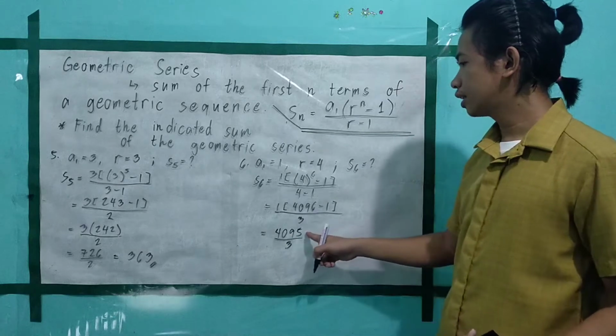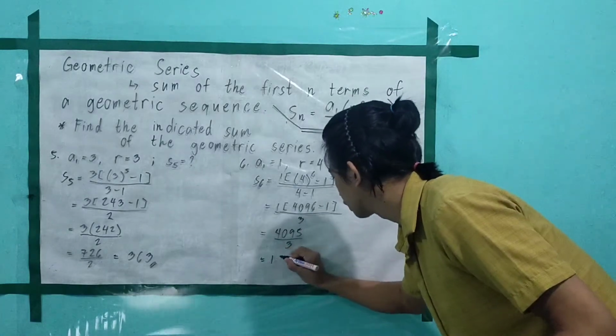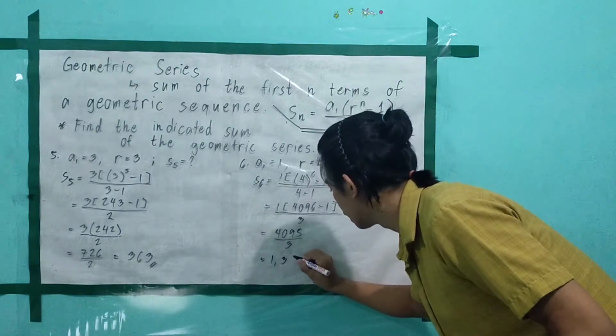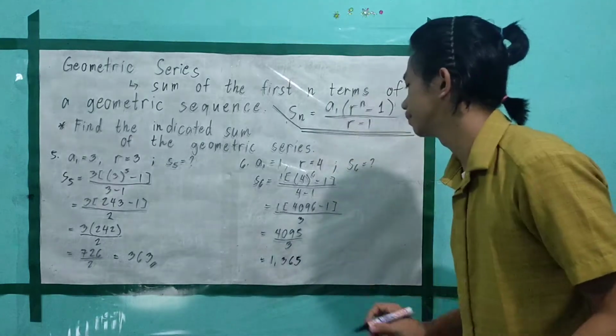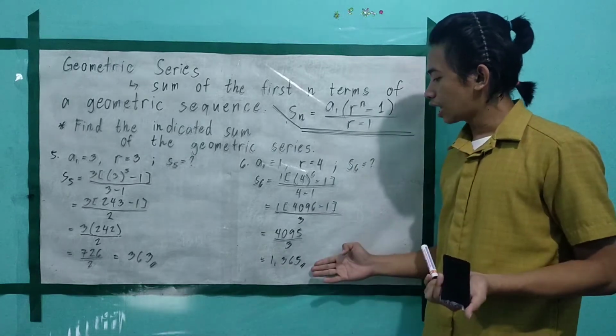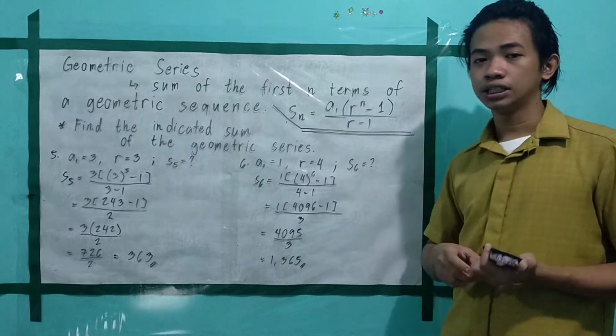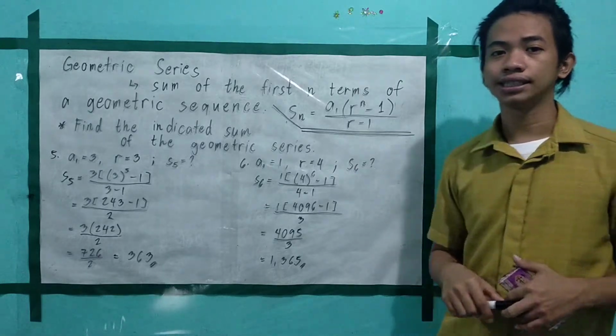So 4,095 divided by 3 is equal to 1,365. So that is the sum of our geometric sequence in problem number 6. Gets?